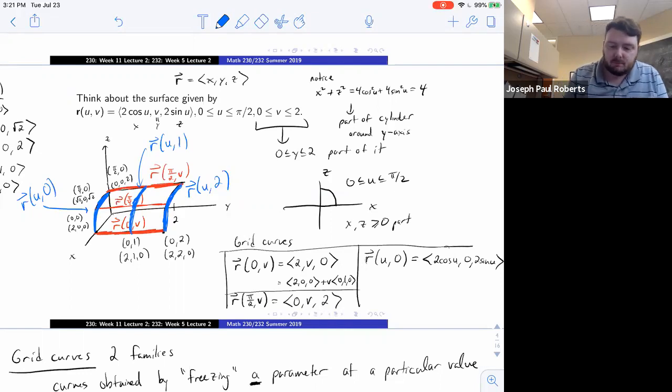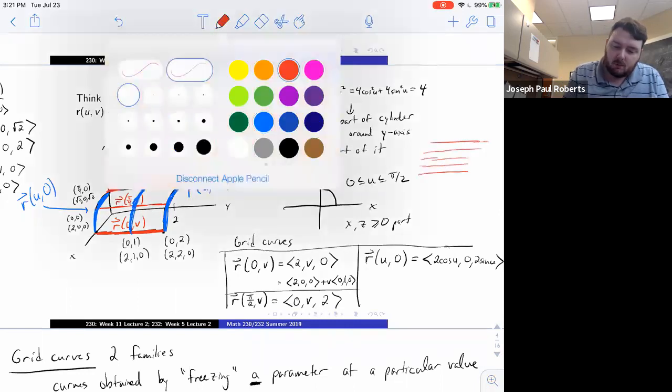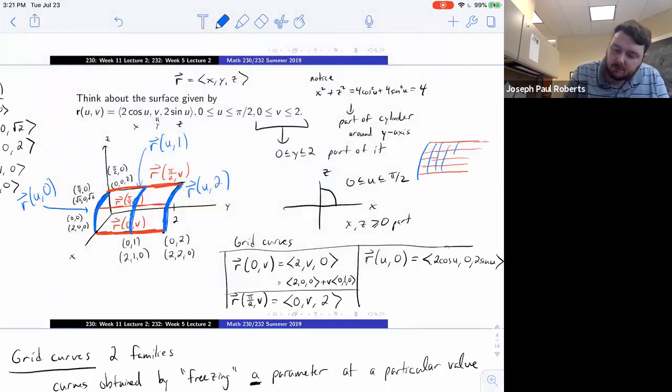You could think about this surface as either made up of a bunch of these red curves glued together, and I'm doing a bad job at drawing it, something like that, or made by gluing a bunch of these blue curves together. But that's the idea: remember R of t, if you have one parameter, you get a curve. So you get all these curves, and they are on your surface. So that's the basic idea.